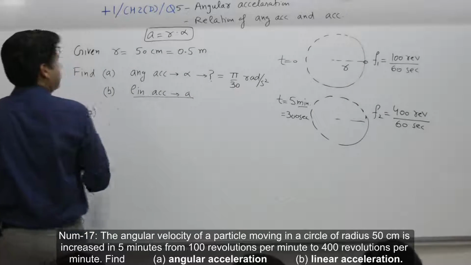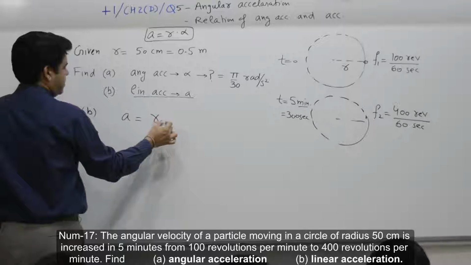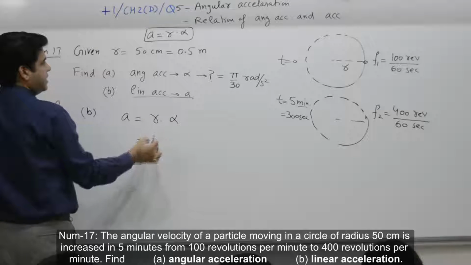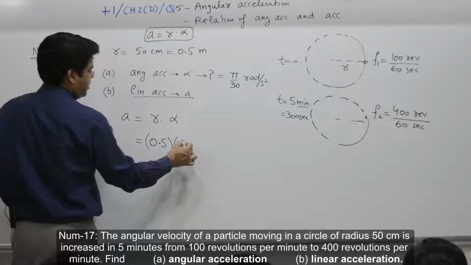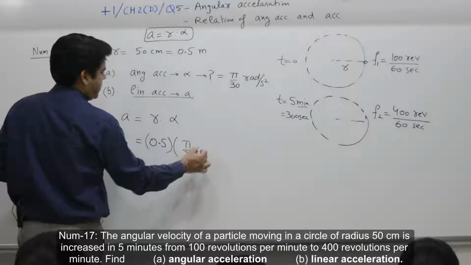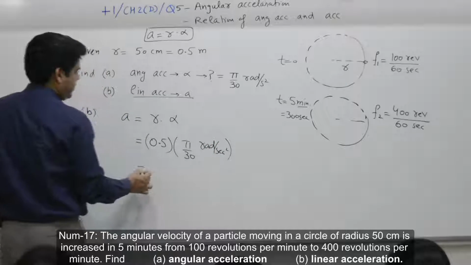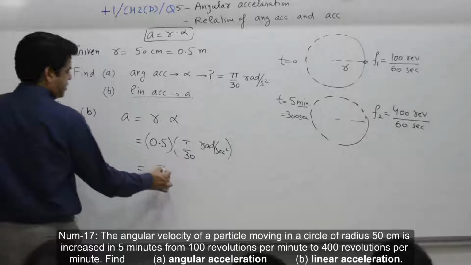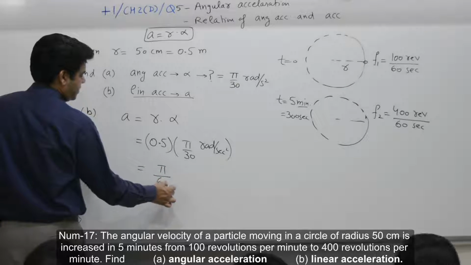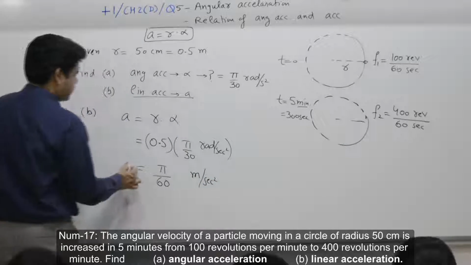The relationship between A and alpha is A is equal to R alpha. R is 0.5, alpha is pi by 30 radian per second square. The SI unit for acceleration is meter per second square, so it is pi by 60 meter per second square.